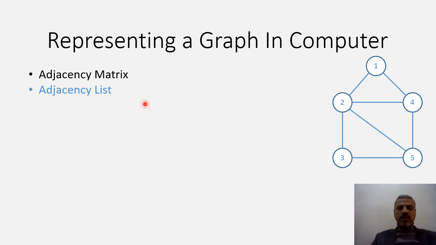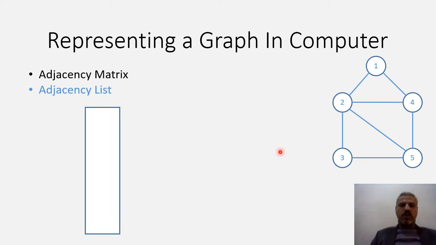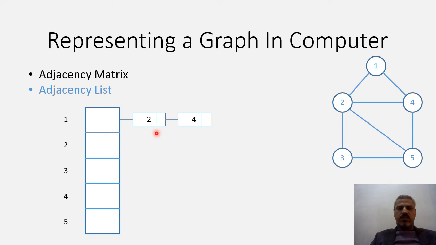The second way to represent a graph is adjacency list. Back to the same graph, we sketch this diagram like a triangle. Vertex 1 is converted to this square, 2, 3, 4, and 5, and so on. Vertex 1 is connected to vertex 2 and vertex 4, like this.